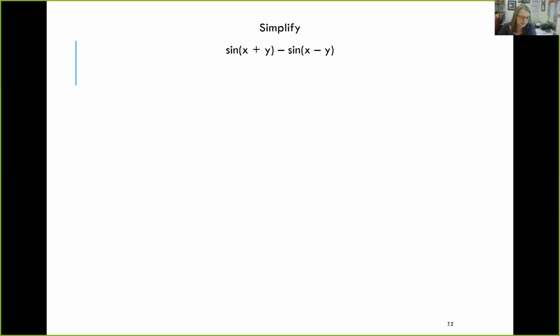We know that the sine of x plus y from our identity is equal to, remember, sine and then cosine. And then which? Same symbol or opposite symbol? Same for sine, right? And then cosine and sine. That is the first part.